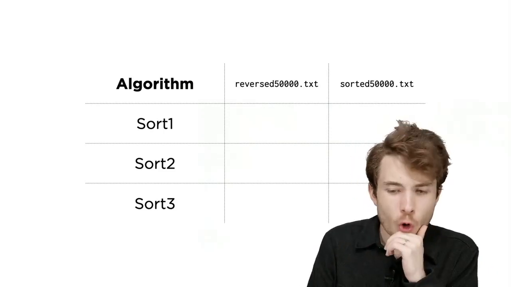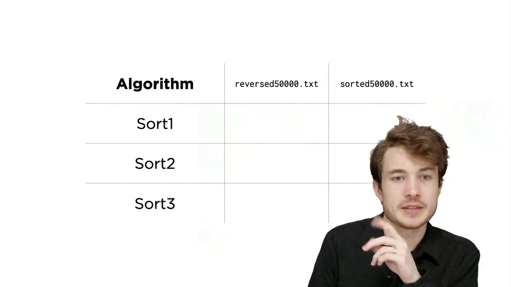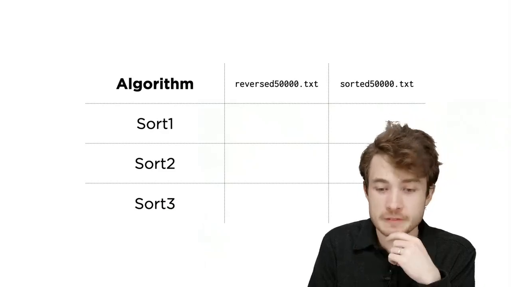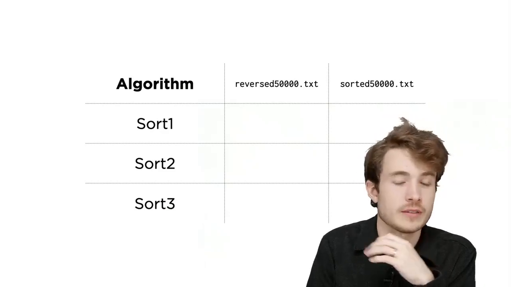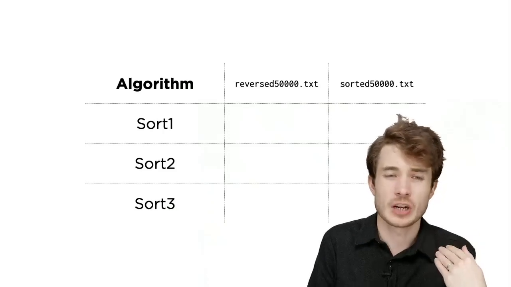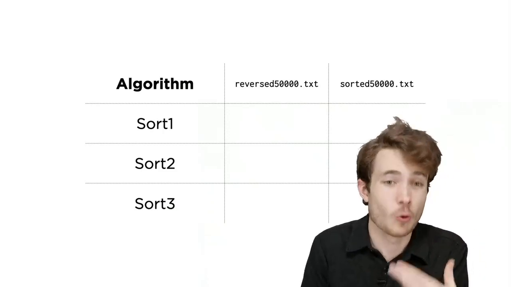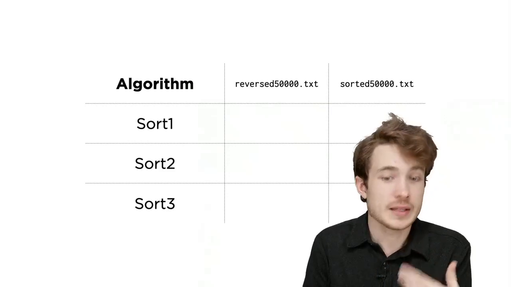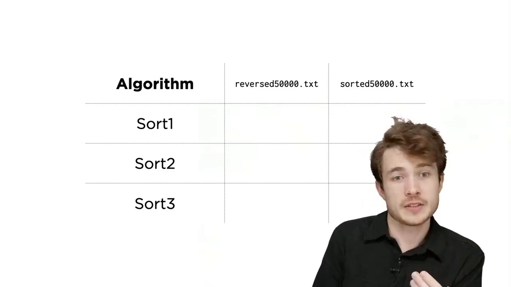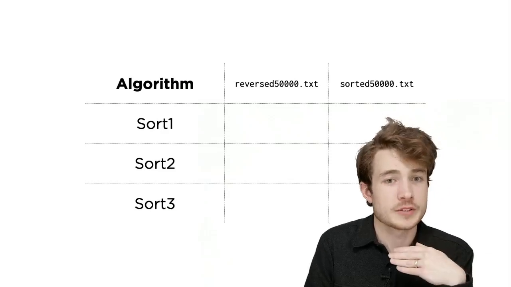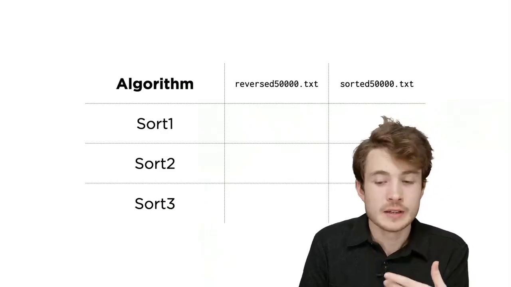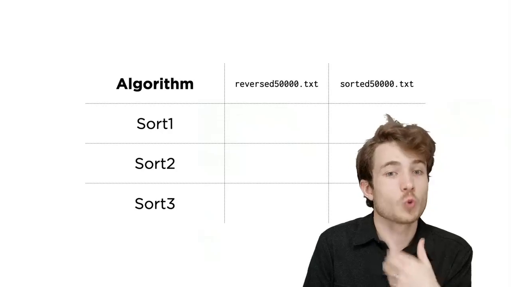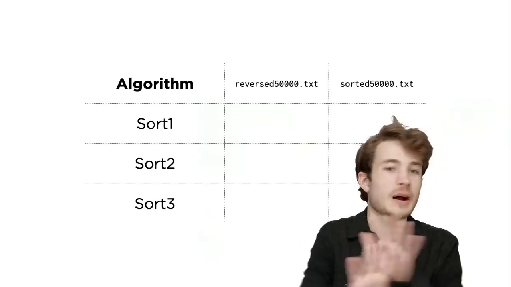So here, our goal will be to fill in a chart that looks a bit like this, where we have a reversed 50,000 numbers. This is like the worst possible case. Our numbers are in the exact wrong order. We'll go through and time each of our algorithms and see perhaps which one runs the fastest, which ones run the slowest. And we'll do the same thing, but now given a sorted list. Our numbers are in the best possible condition.